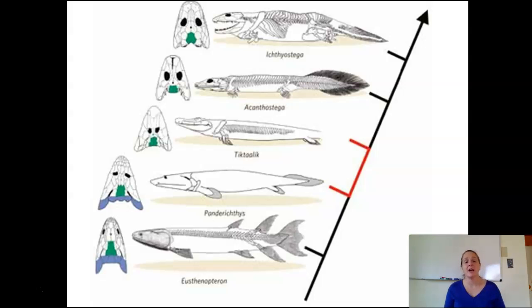But then if we look at that green set of structures on the skull, we can see that that characteristic sticks around, even through further organisms or further speciation events on the planet. We get some modifications, but that structure sticks around.